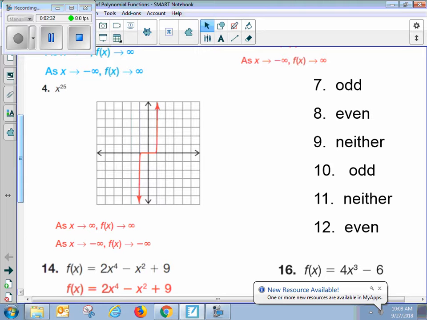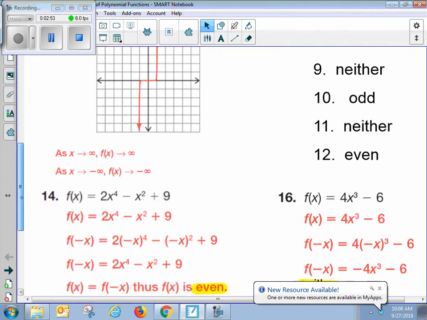The y-axis. Good. To be odd, it had to be symmetric about the origin, which also meant it had to go through the origin. Okay? But it doesn't mean that's all it did. So first, I check to make sure it did. Then I make sure that there's the symmetry.